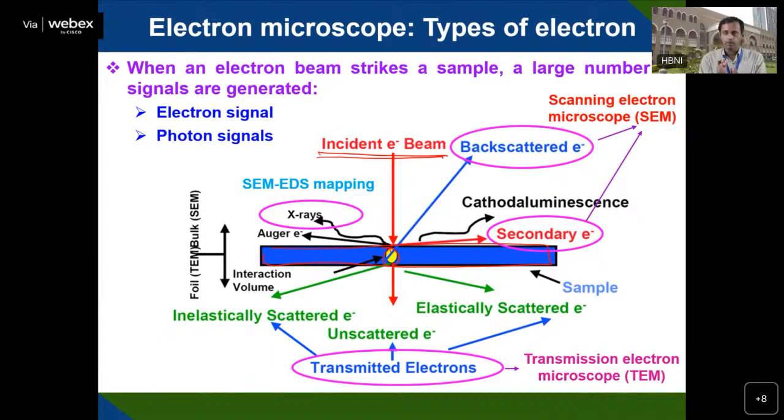That interaction volume depends upon whether the material is a low Z material or a high Z material, and also on the kinetic energy of the incident electron beam, as well as its intensity. Once the electron beam falls on the sample surface, multiple processes are possible. The electron can be returned back, and that is a backscattered electron, which I have discussed.